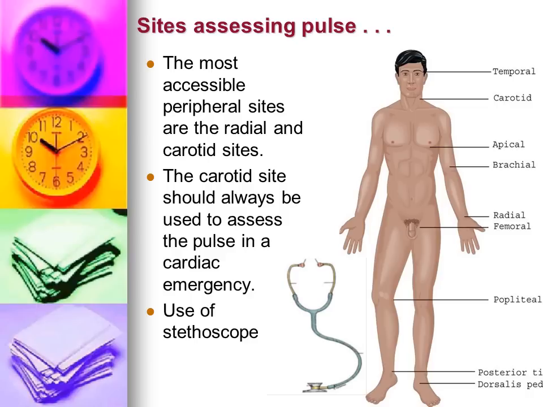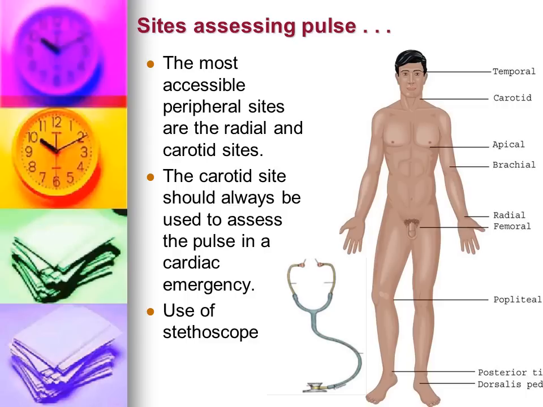When measuring the apical site, you will need to use a stethoscope. To ensure the best reception of sound, the earpiece follows the contour of the ear canal, pointing toward the face, with the stethoscope in place. Before measuring a pulse, review the patient's baseline rate for comparison.